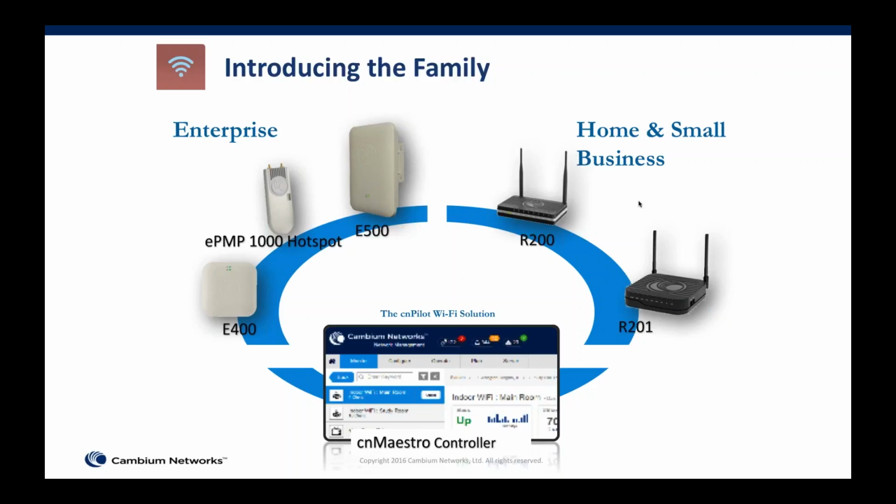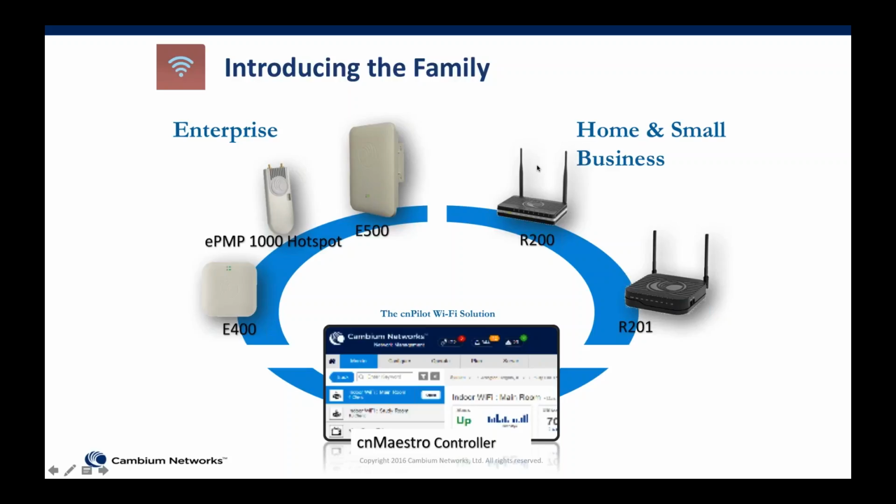On the home and small business side, we have the home routers R200 and R201. These are mainly routers that we sell to wireless ISPs and ISPs around the world. Today we won't spend a whole lot of time on this, but we'll set up a different webinar to go over those features.